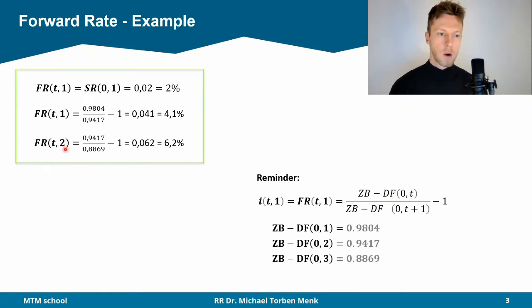The forward rate from... Oh, this is wrong. I made a mistake here. Sorry. Again, it's the forward rate from year 2. I should have put the numbers for the t. I'm sorry, but I think you know what I'm talking about as I explained it.